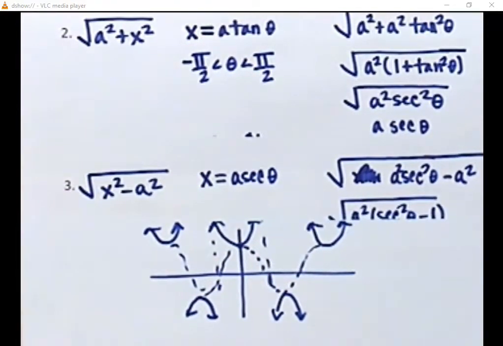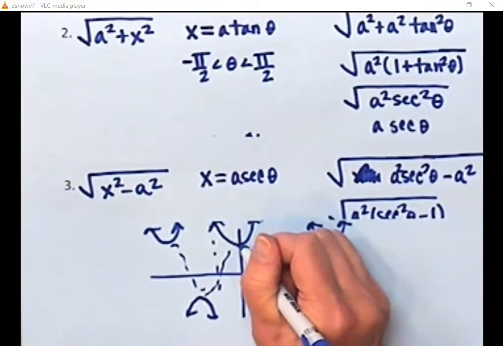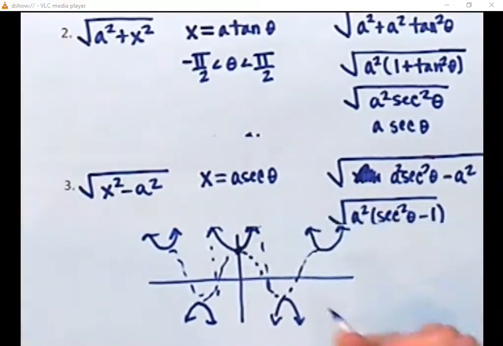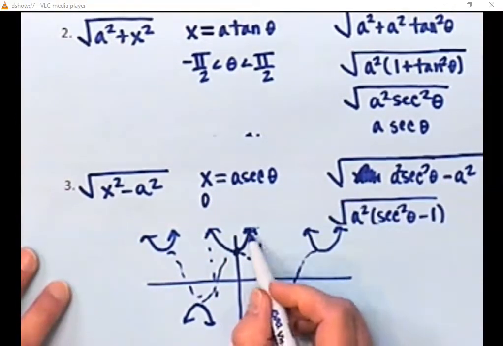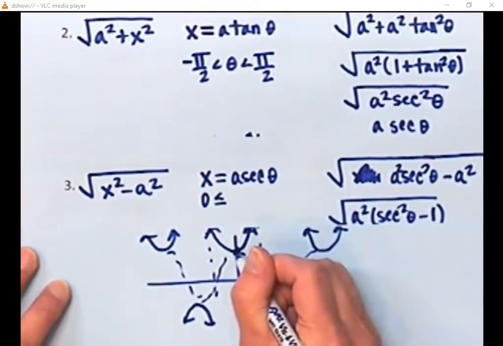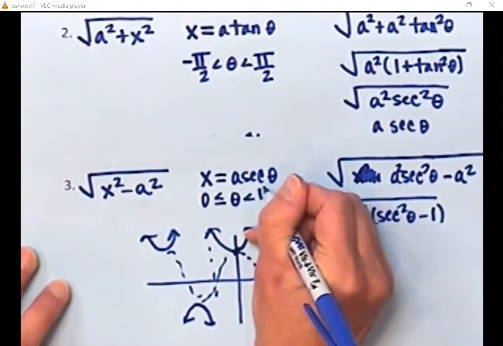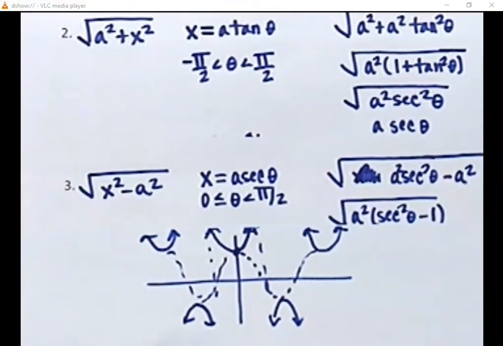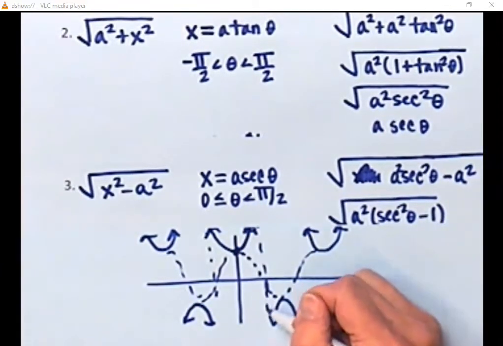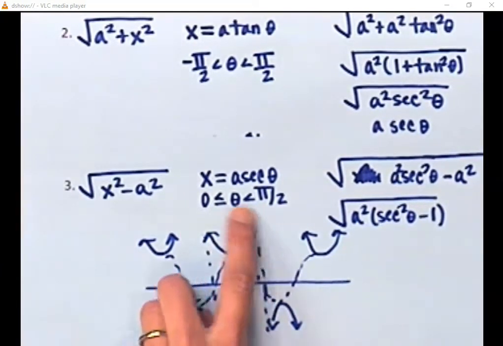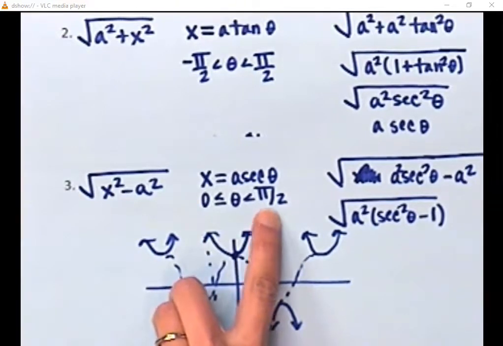So here's the pieces we're going to keep. So we're going to keep this little piece from 0 to pi over 2. So let's write that one down. So from 0 to pi over 2, and notice 0, it does have a point, but not at pi over 2. So pi over 2 actually has an asymptote here. So we're going to go from 0, including 0, to pi over 2, but not including that.